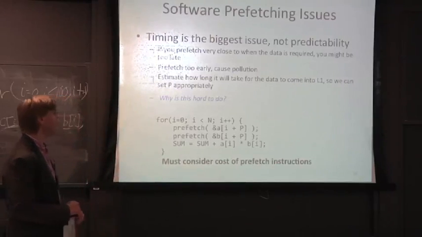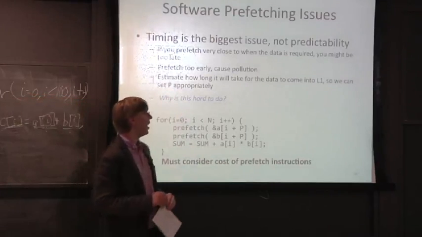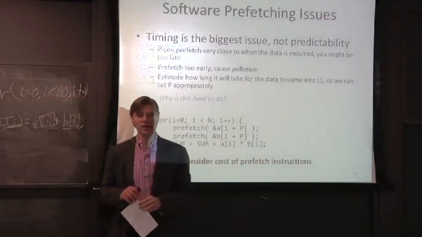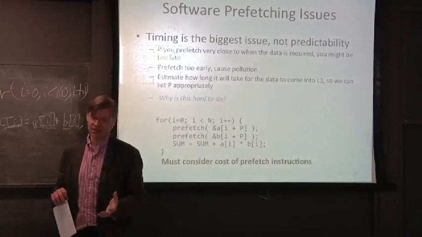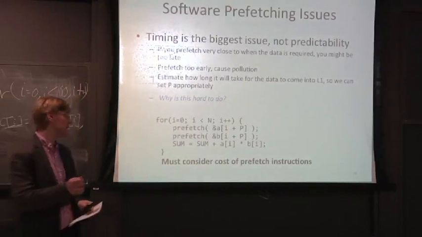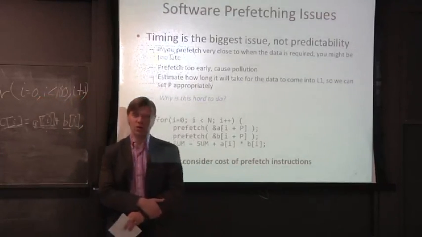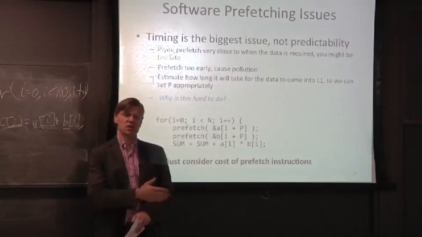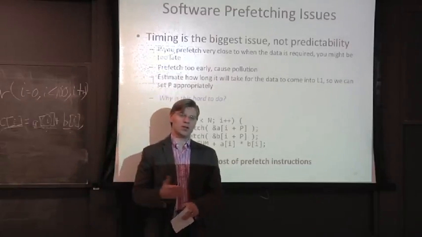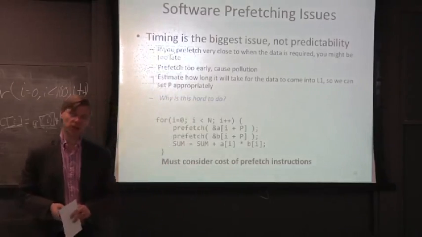A few other things that come up here: how do we go about trying to estimate P? Well, this is a tricky thing. Why is this hard? Well, we don't quite know what the latency is, and we don't quite know whether A and B are going to hit or miss, or whether the hardware prefetcher is going to fight against our software prefetcher, and things get a little bit complex here.